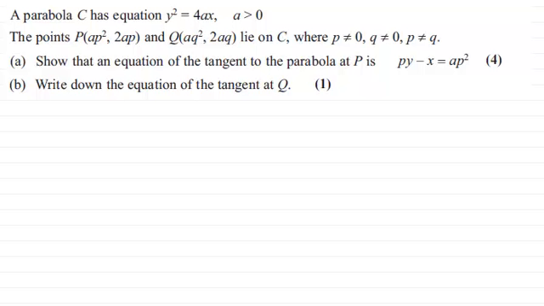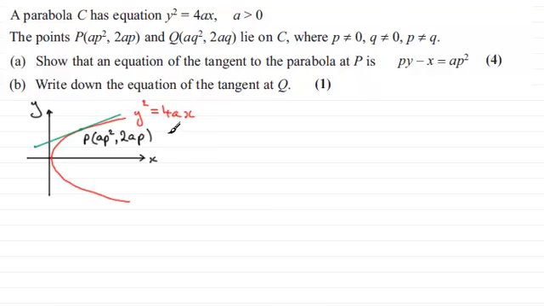Now, the first thing I'd want to do is sketch a graph of the parabola. It's going to look something like this, y squared equals 4ax. And I've shown here the point P, just some point on the curve. I've placed it at this point here, shown its coordinates and drawn the tangent in.